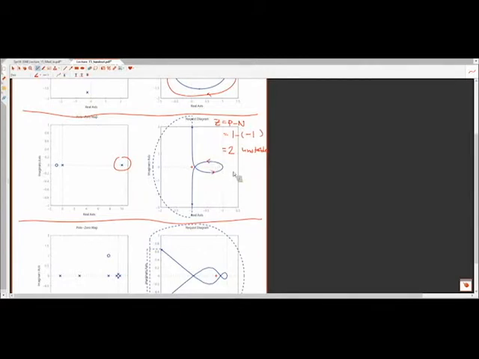Karsten is saying that if I increase the gain for the second system by a sufficient amount, I'm going to get this contour. Okay, so this is going to be the direction of our contour.